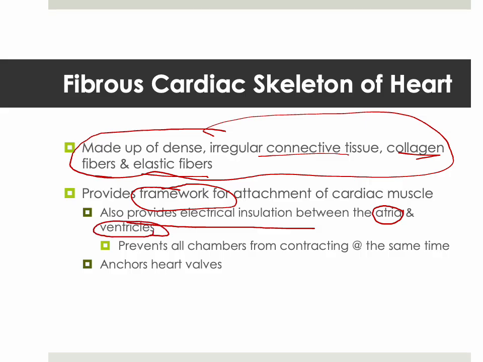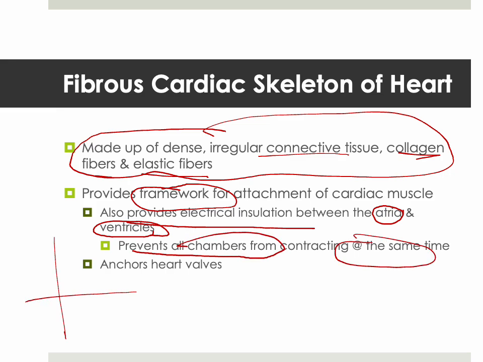This prevents all four chambers from contracting at the same time, meaning that if we have a right atrium, a left atrium, a left ventricle, and a right ventricle, these need to pump first, and then these need to pump, because blood is going to come this way and then shoot out.